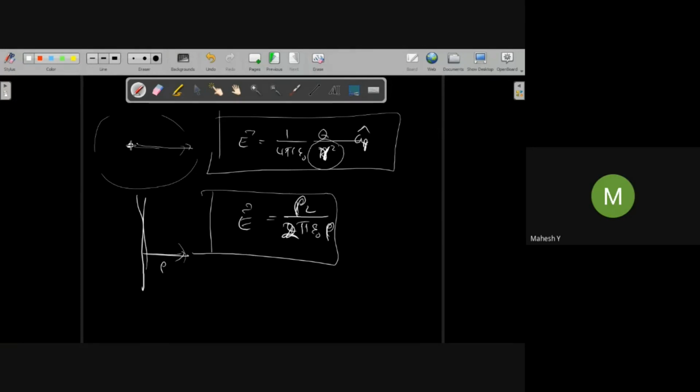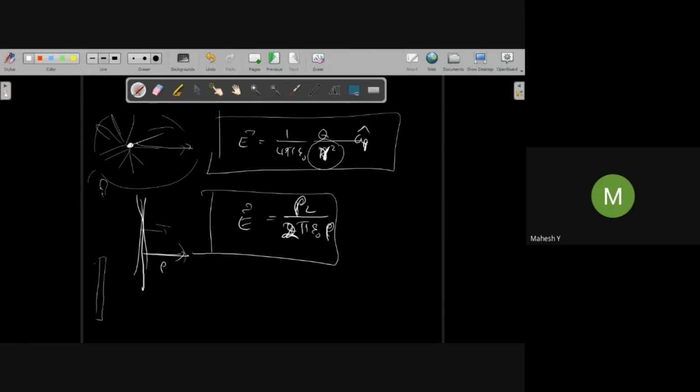Okay, this we have seen in our daily life. This is a point charge and the field due to a point, and this is a line and its field. You might have seen this in your daily life, an incandescent light or a round bulb, and a tube light, which gives more light.